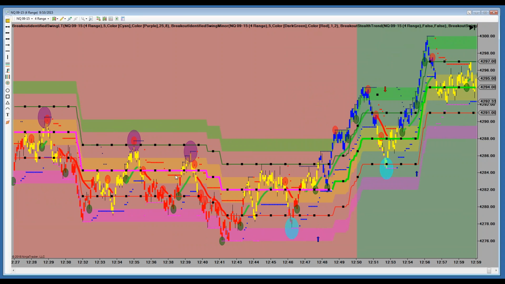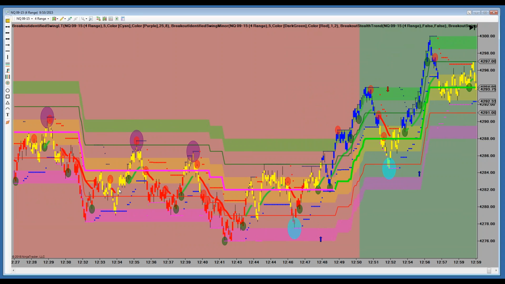You have this large, chunky mid-band, and we have 1, 2, 3, 4 bands above it, and 1, 2, 3 bands below it. The ellipses are the swing indicator, and you can set the volatility on that, how intense, if you want to see more swings or less swings.